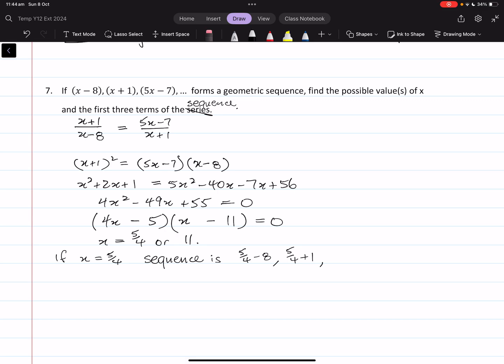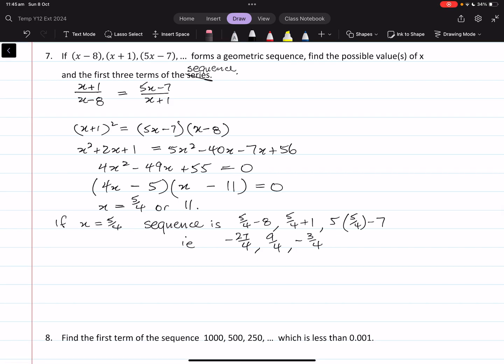And the next term, and I'm getting this from the question, is 5x minus 7, so 5 lots of that x value, 5 on 4, minus 7. And putting those into a calculator, we get minus 27 on 4, 9 on 4, minus 3 on 4. It's an alternating sequence, as you can see. The common ratio there you could find by doing term 2 divided by term 1. And you see it'll be a negative common ratio.